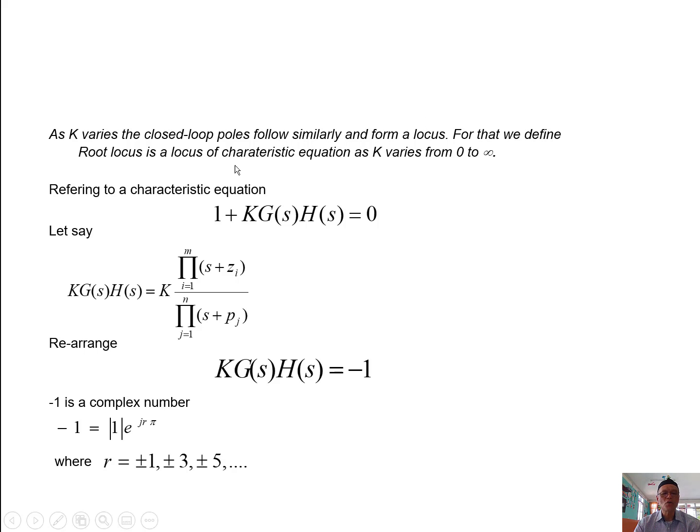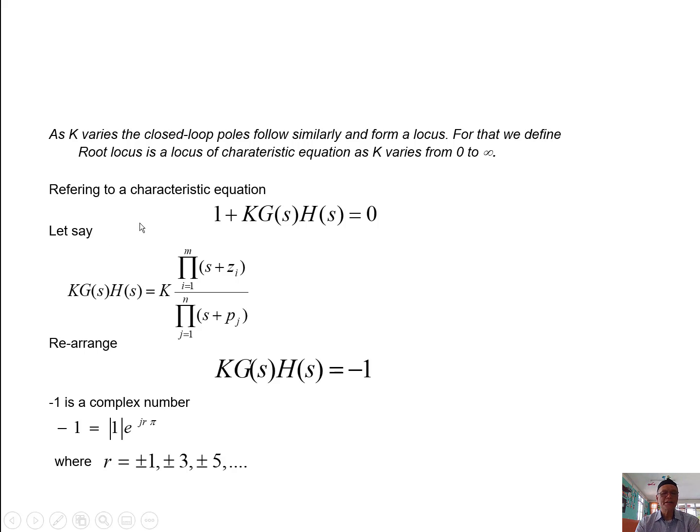For that, we define the root locus as the locus of the characteristic equation as K varies from 0 to infinity. The characteristic equation gives us the value of a root, and the root will depend on the value of K. So if K changes, then the root locus changes.